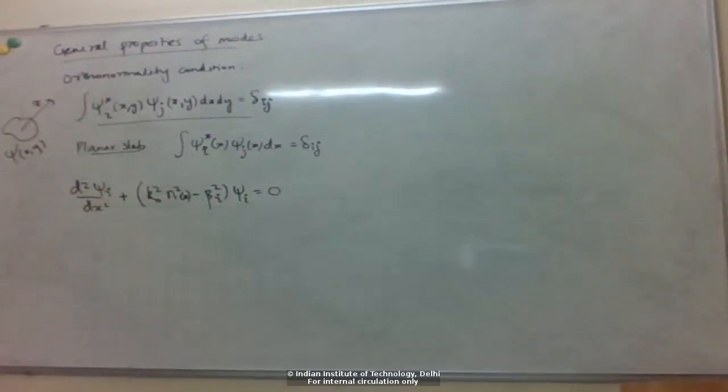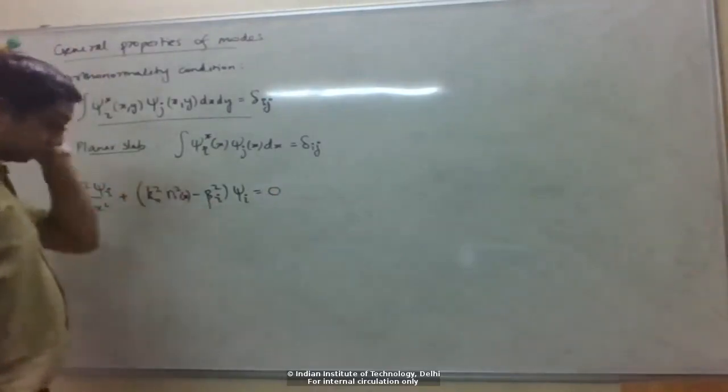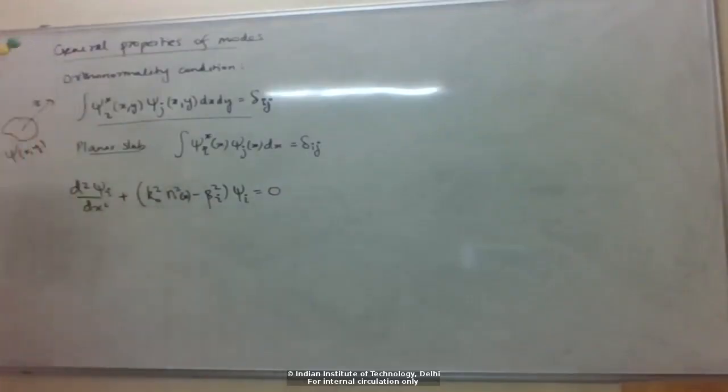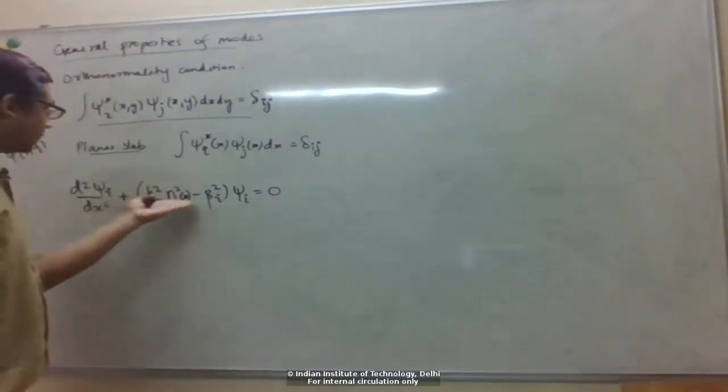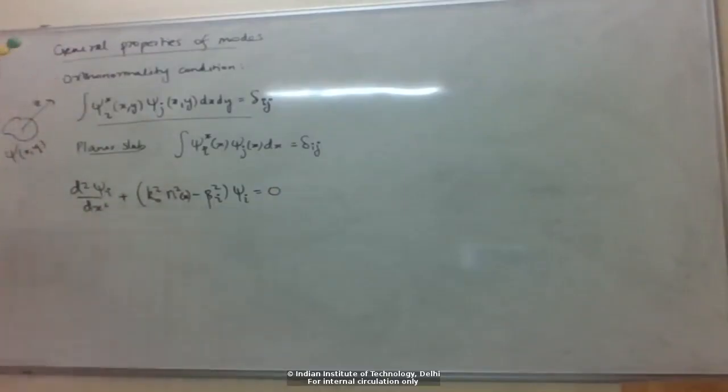In general, we'll see in the next topic where we consider gradient index waveguides, this would be a function of x, could be in general any function of x. Okay, so that's the equation we started with, right?